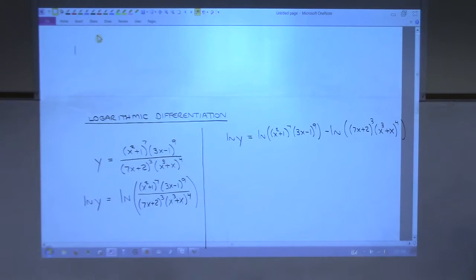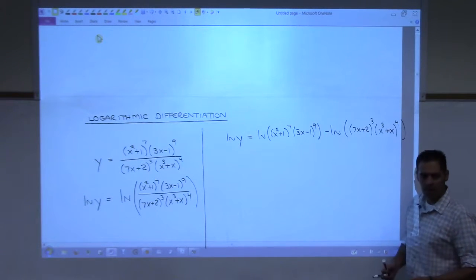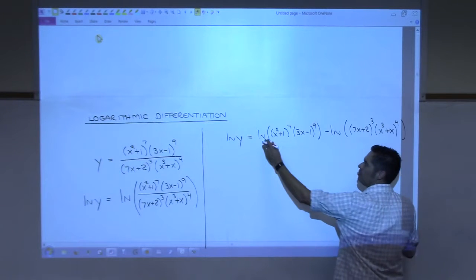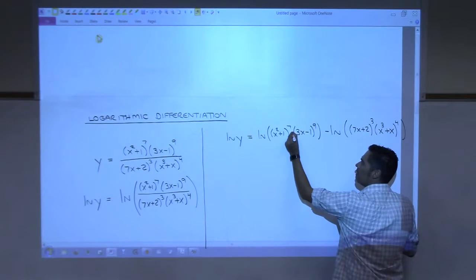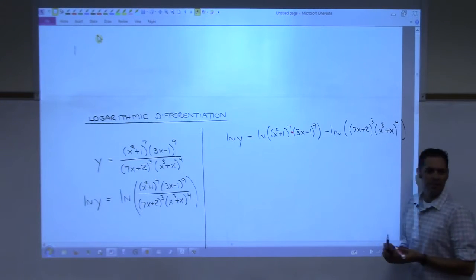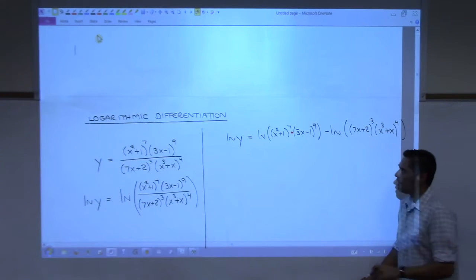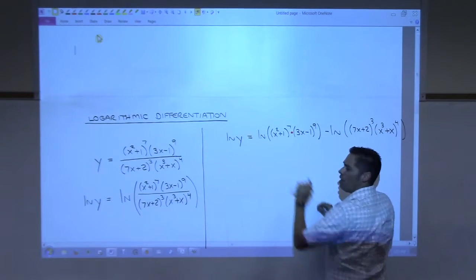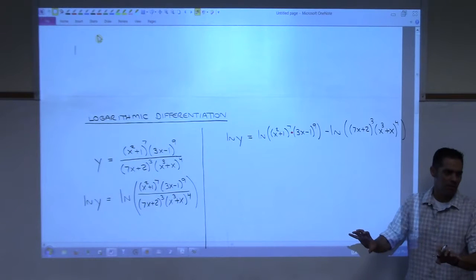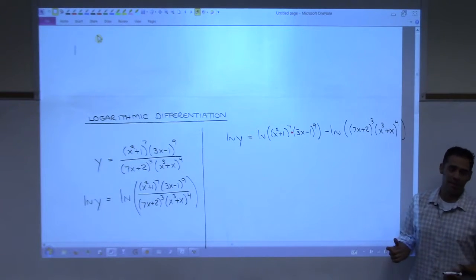Questions? Then I realized that this new log I created here has the product of two things in there. And if you have two things being multiplied inside of a log, you can split that into two logs with addition between them.